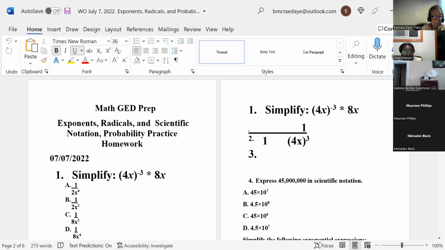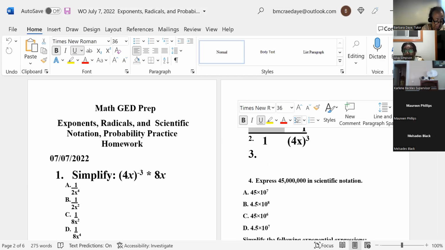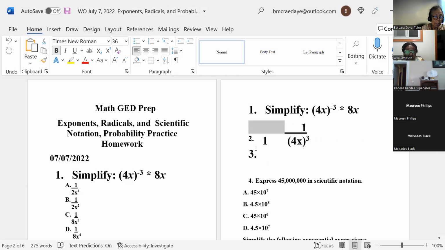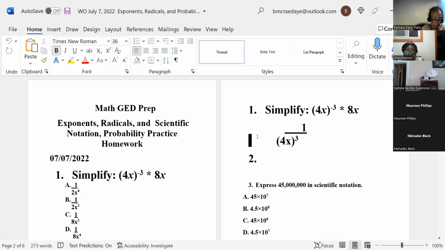I'm just repeating what I had on the other side of what we got when we did the flip. Take that 2 out, because it's renumbering and we don't have to do that. And take this 2 out. So we're still on number 1. Now this will be times 8x. So let's just put the times 8x here.